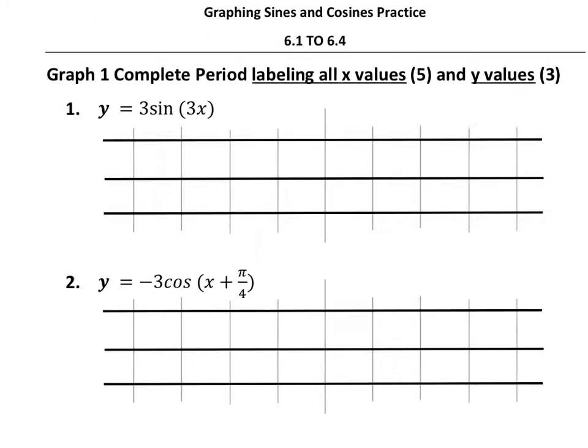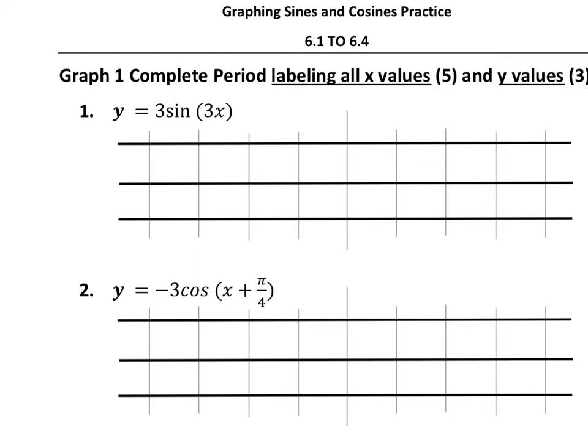If you're looking at 3 sine of 3x, some things I notice: the amplitude is a 3, and the b is a 3, so that's b. And it doesn't go up or down. There's no plus or minus number. Matter of fact, the number is probably a 0, so I don't have to worry about it shifting up or down.